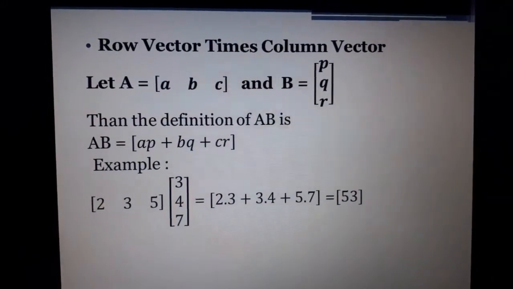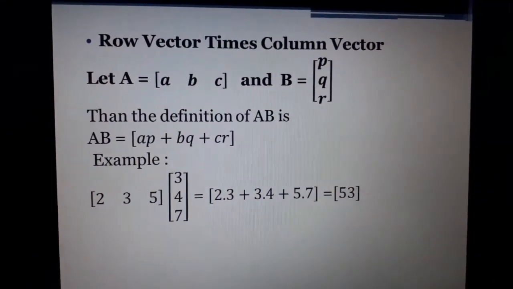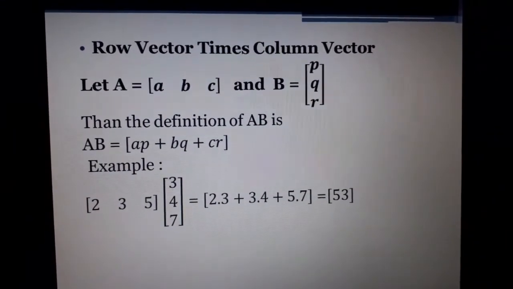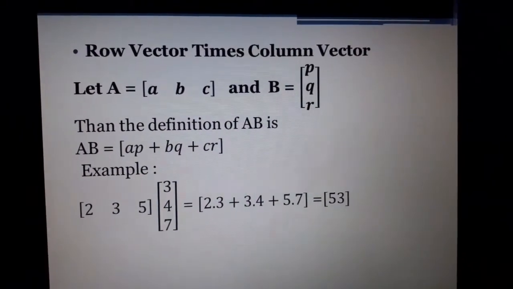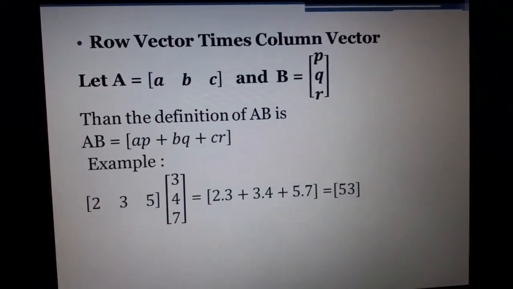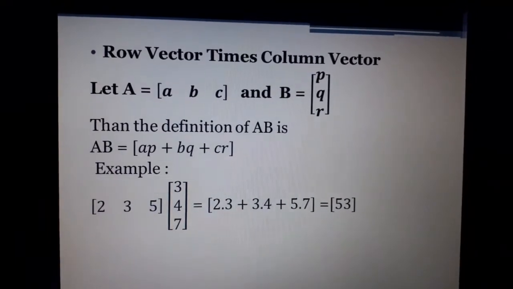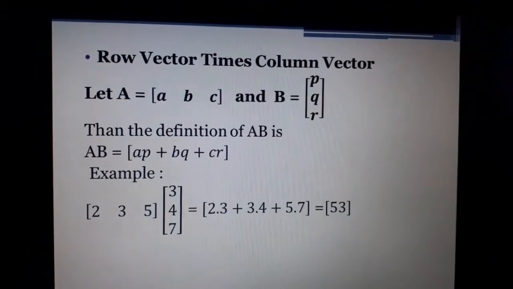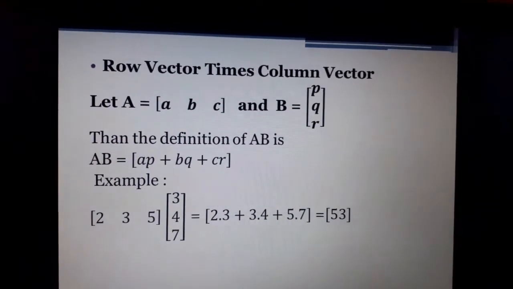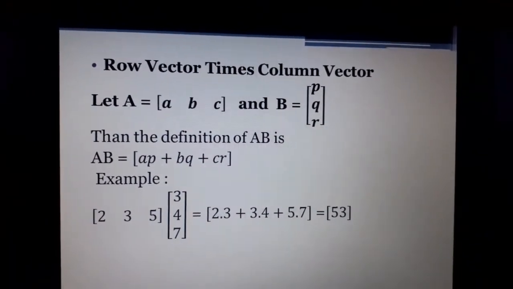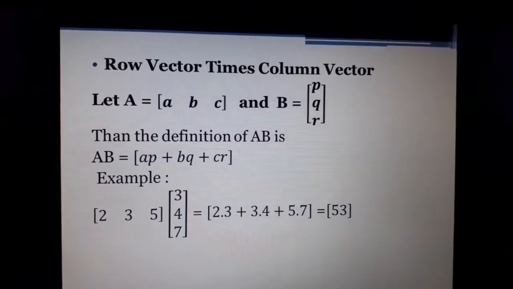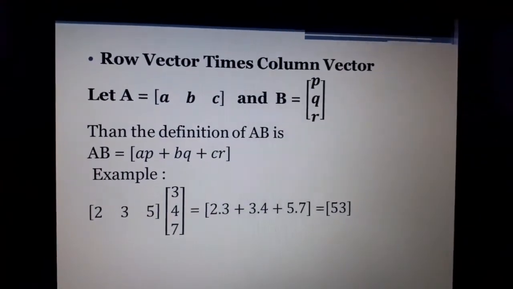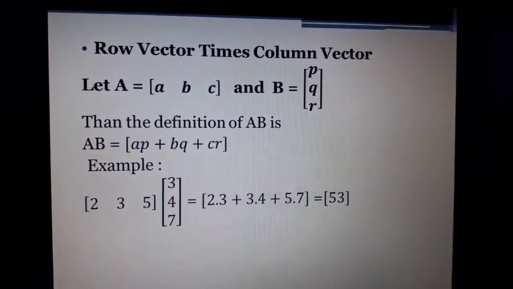Then the definition of A times B is A times P plus B times Q plus C times R. Example: matrix 2, 3, 5 times matrix 3, 4, 7 is equal to 2 times 3 plus 3 times 4 plus 5 times 7, which is equal to 53.